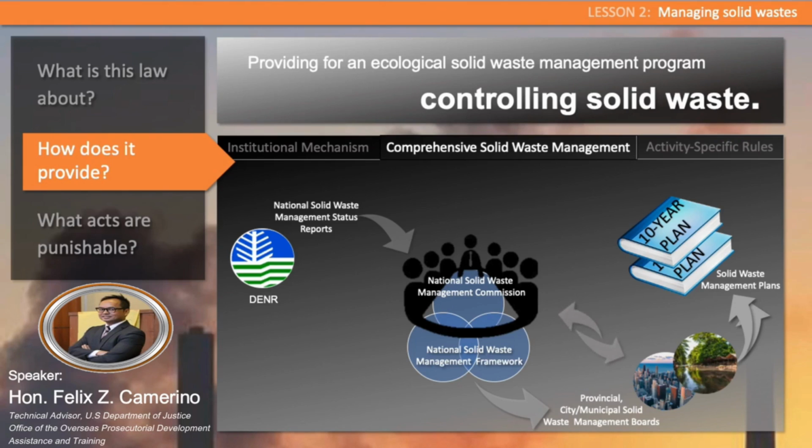Okay, but I think the one thing I want to mention, which you might recall when we were discussing institutional mechanism, is that DENR also has some services specifically for the LGUs. So it's not just the commission and the boards. Services that are above and beyond that provided by the commission.